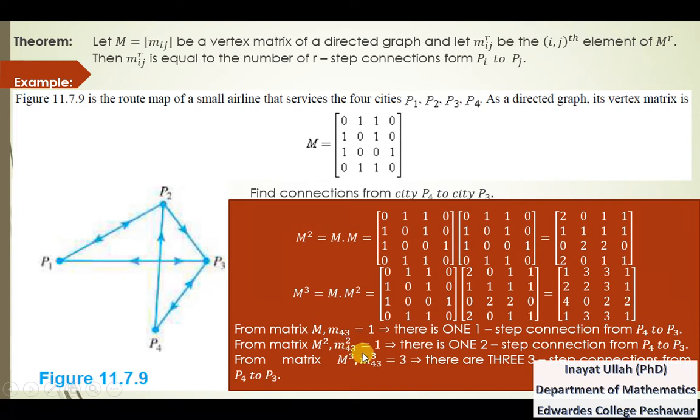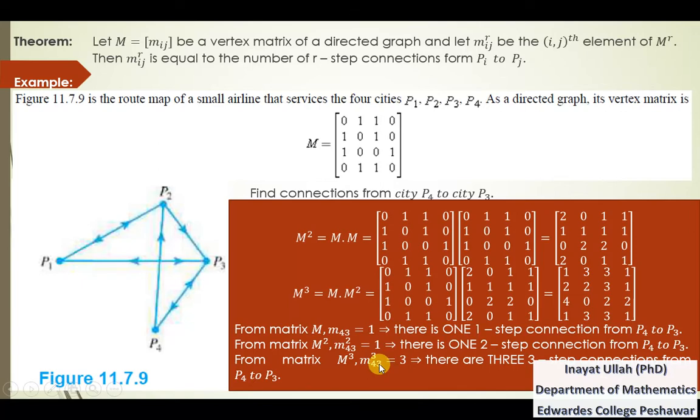So that is the second 3-step connection from P4 to P3. And the third, because we have 3 three-step connections, you can move from P4 to P3 in the third way.